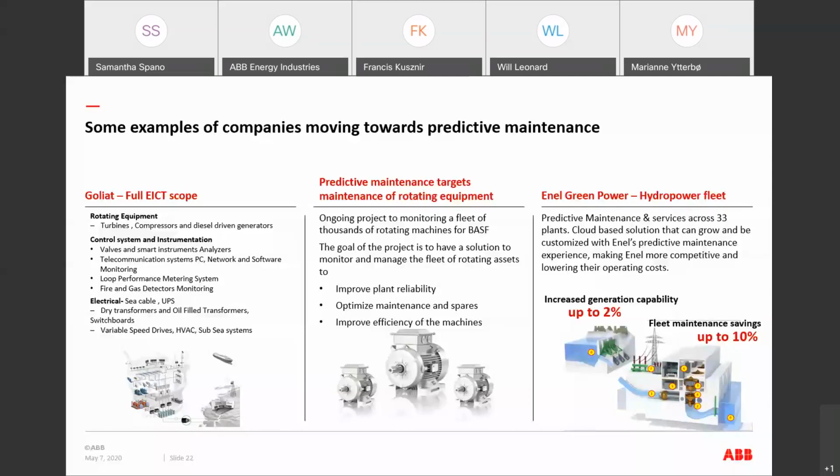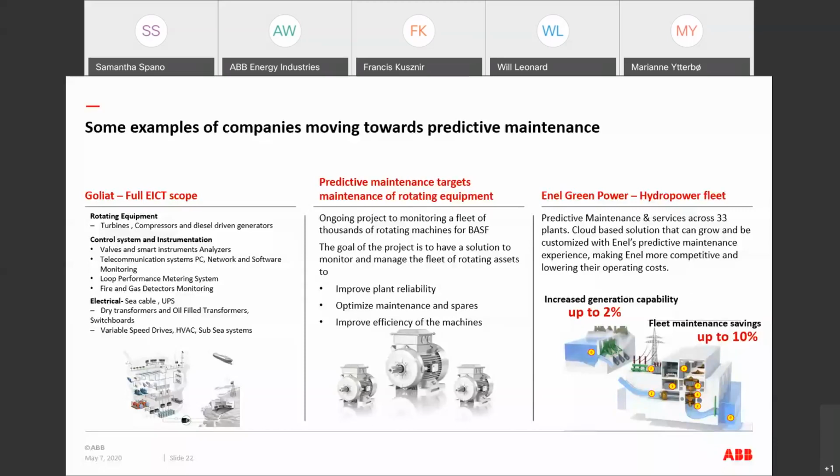So this is an existing installation. So this is Nel Green Power. They wanted to understand how they could adopt predictive analytics or a predictive maintenance strategy across a number of plants. So we successfully delivered a pilot to them a couple of years ago, and they've now decided to extend that to a deployment across 33 plants based in Italy.